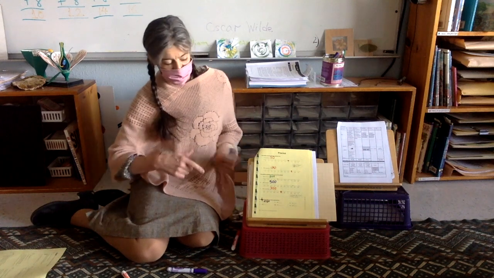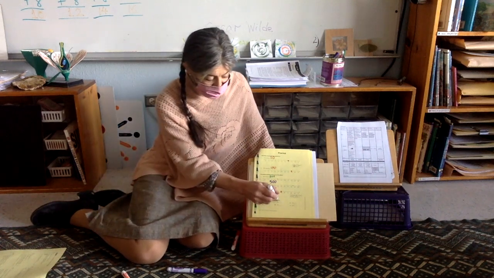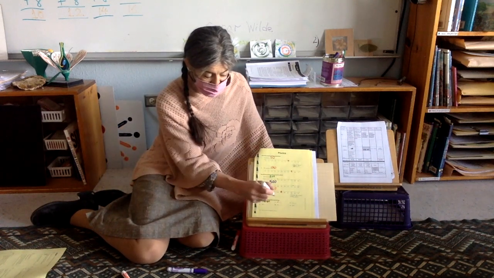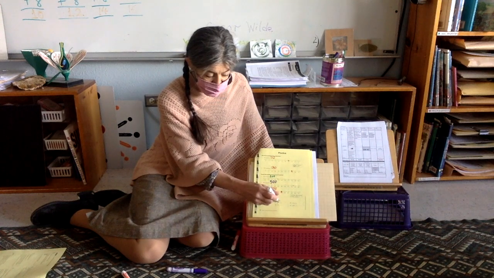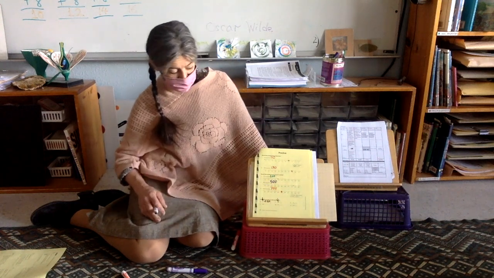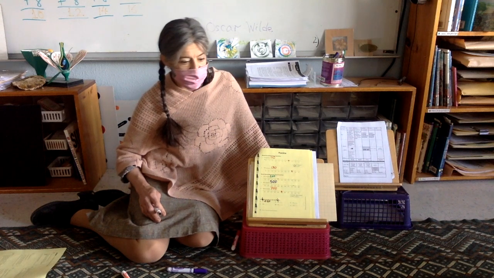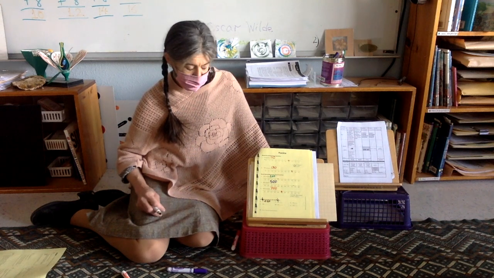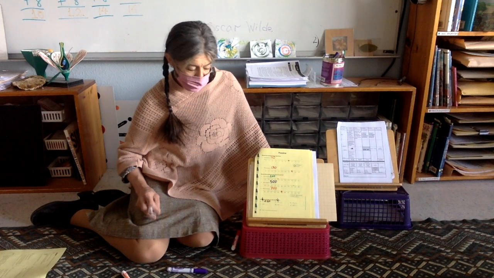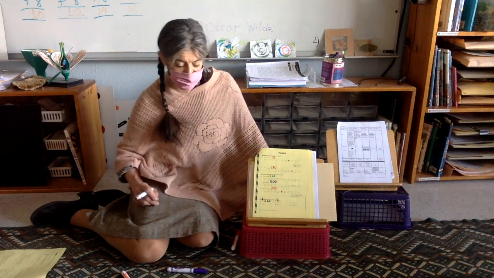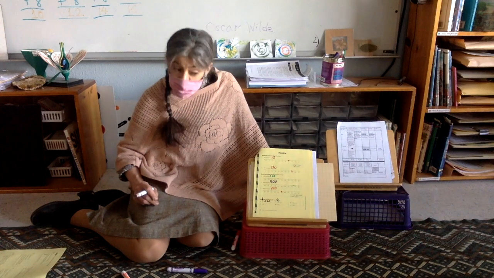Number 7, we've got 88, so we're going to go units, tens. There's an 8 in the tens. Look to the right. What do you see in the units? Another 8.